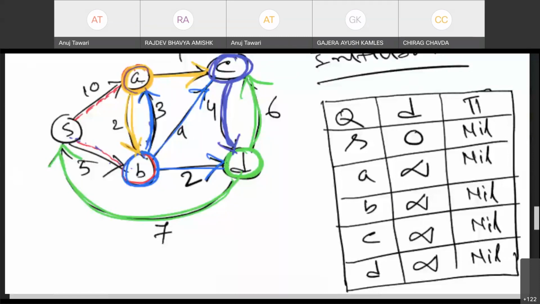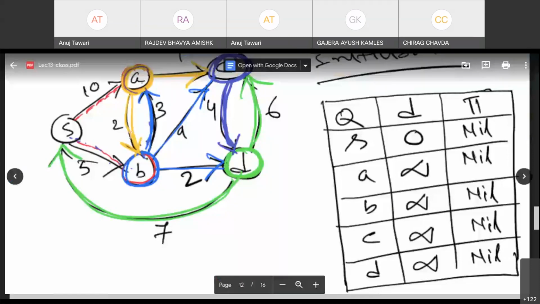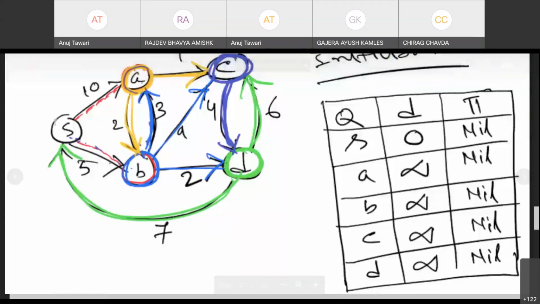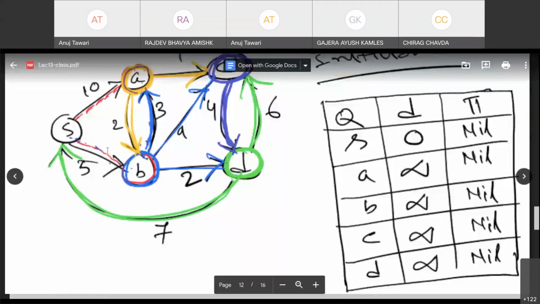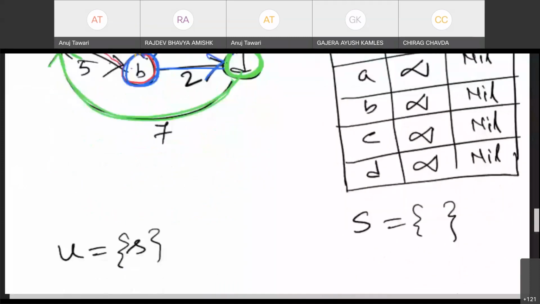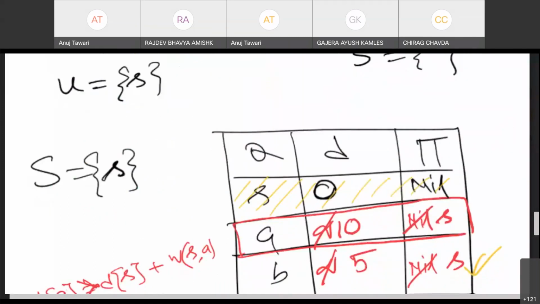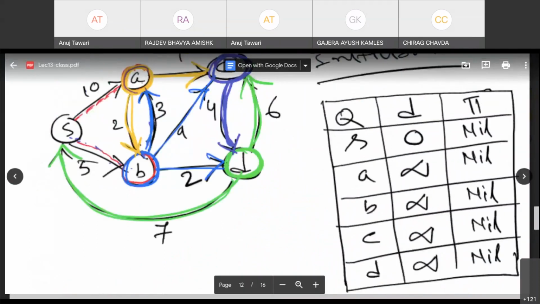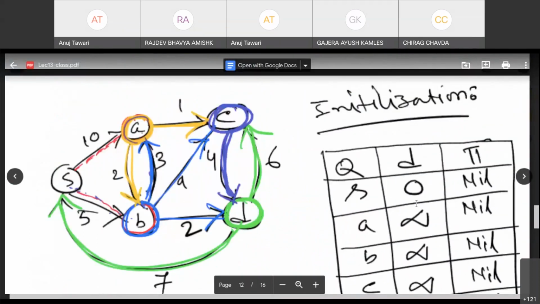That particular greedy strategy, where we go by the shortest weight possible, works only for undirected graphs, but for directed graphs, it is a problem. Initially we have set S to 0 and now we want to update the others.